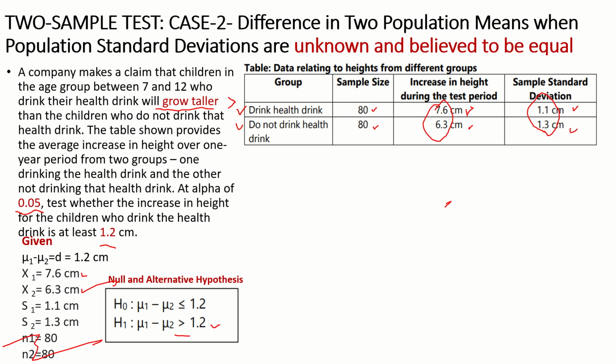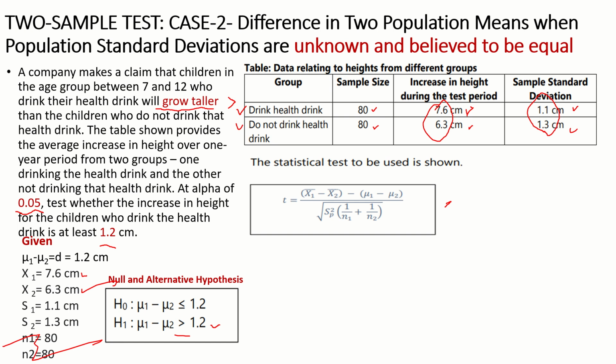So this is the formula: T equals x1 bar minus x2 bar minus mu1 minus mu2, with mu1 minus mu2 as given, divided by the square root of sp square into 1 by n1, the number of samples for group 1, plus 1 by n2, the number of samples for group 2.